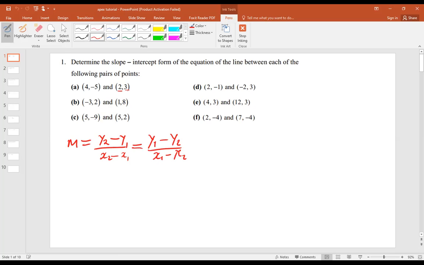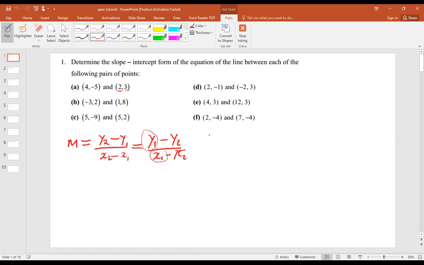What you should make sure of is that if you start with y2 on top, then x2 should also start in the denominator. If you start with y1 on top, then x1 should start in the denominator. That's the most important part you need to know when finding the gradient.